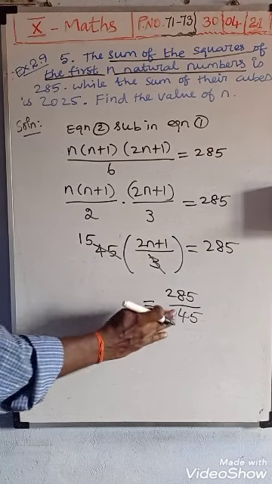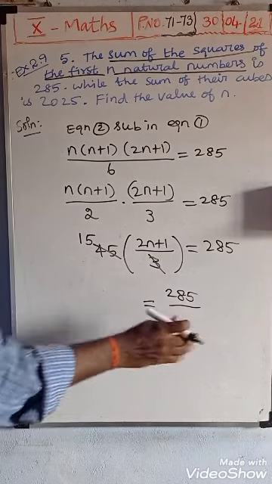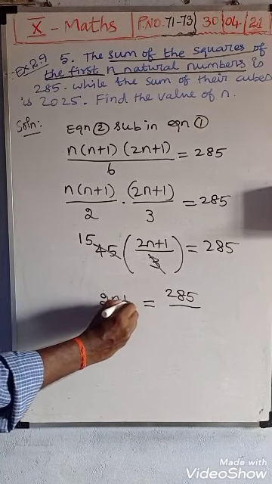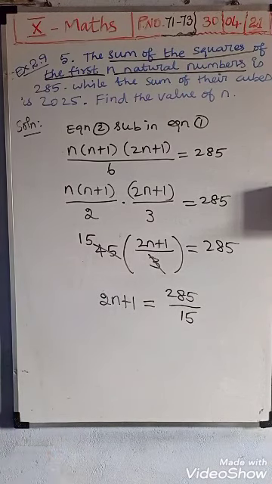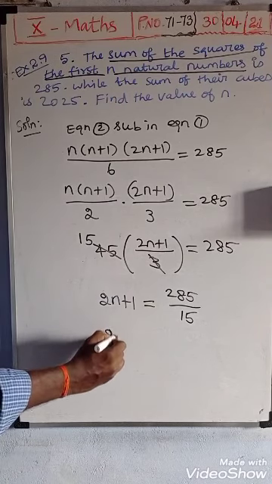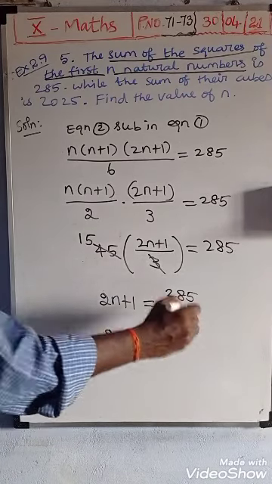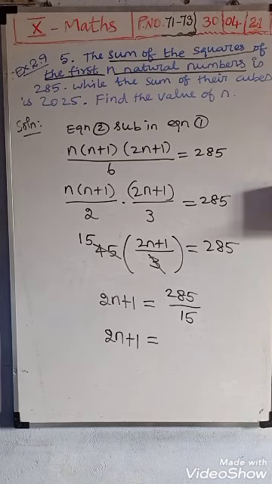So 15. Next step, 2n plus 1 alone will be on this side and this 15 will go to the denominator. Now 2n plus 1 equals 285 divided by 15, which gives 19.